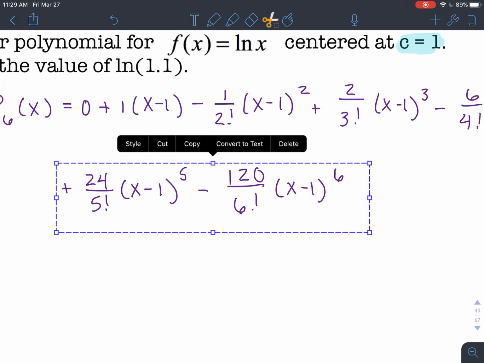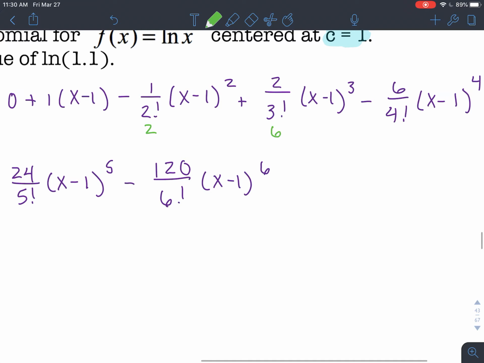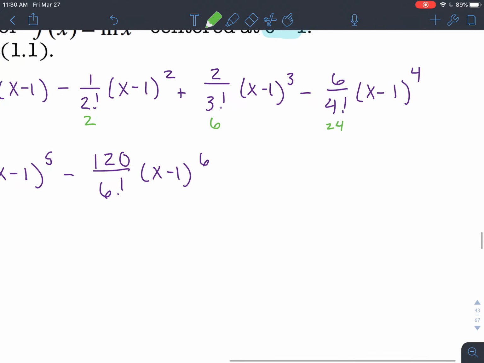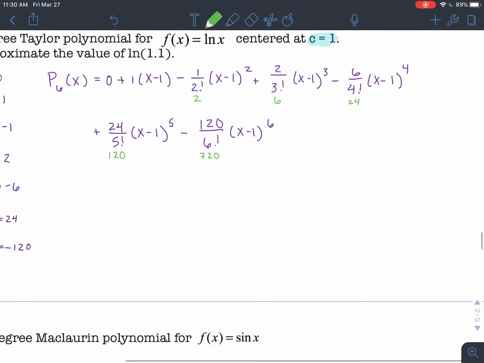Now, if you know anything about factorials, I'm just going to write what their values are underneath of them. 2 factorial is really a 2. 3 factorial is 6. 4 factorial is 24. 5 factorial is 120, and 6 factorial is 720, right?